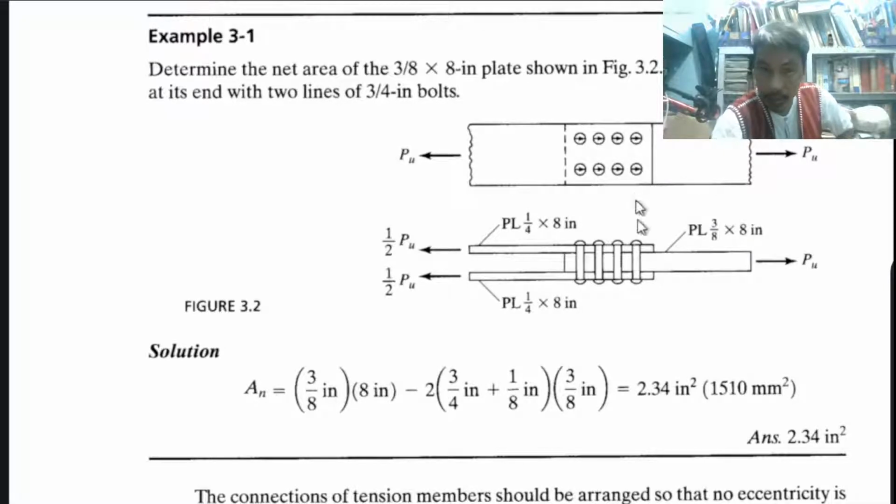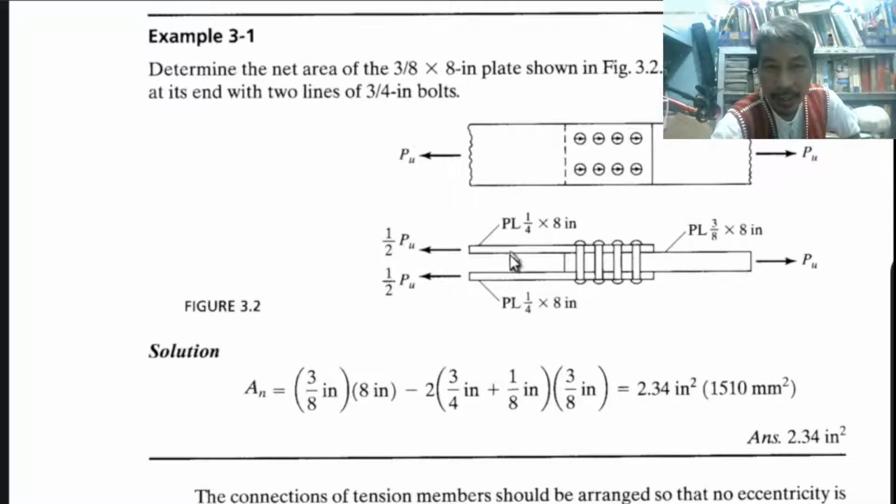We don't involve the upper plate and the lower plate here. We only involve this plate because of the question. The question is to determine the net area of the plate 3/8 by 8.